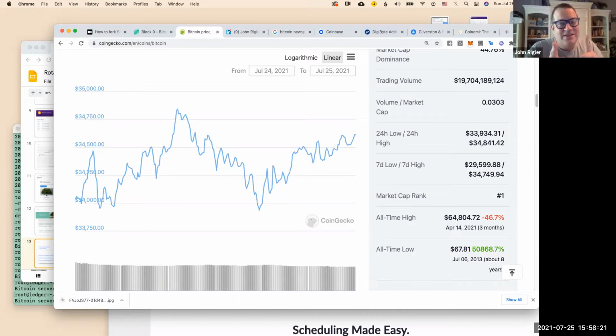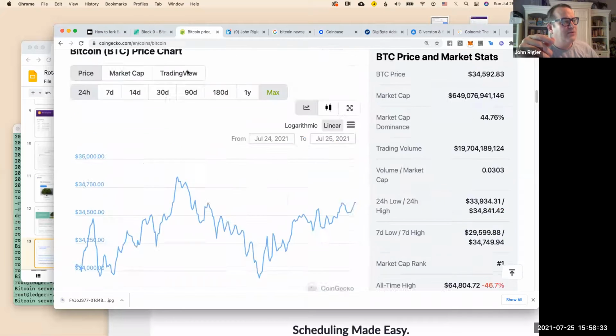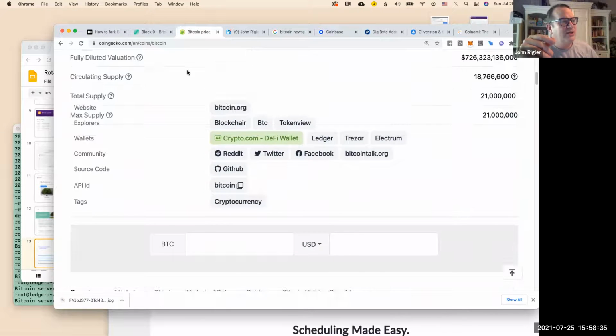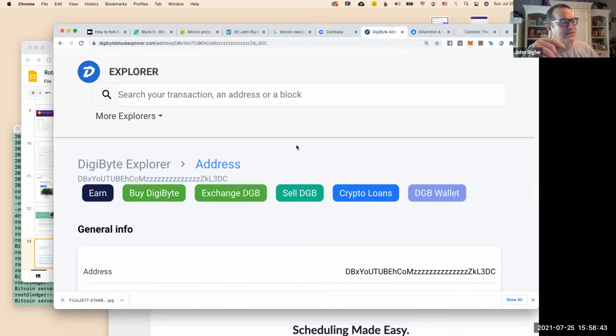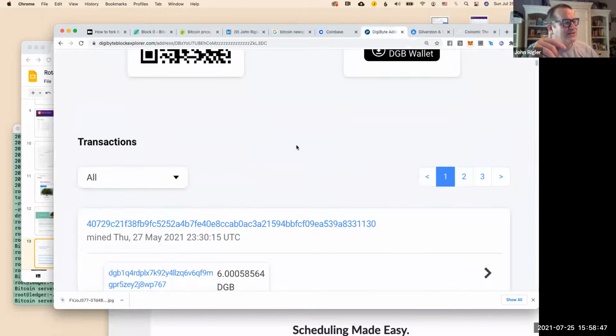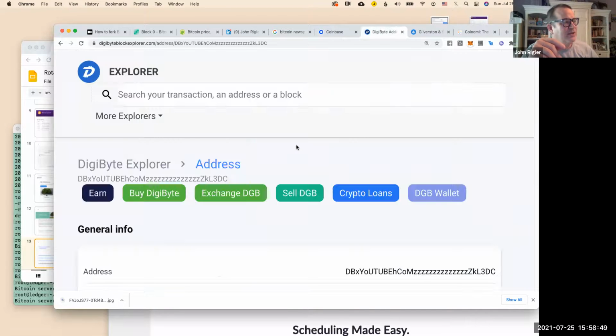Now, having said that, one thing you can tell is how many there will be, and that's pretty important, right? Because with the dollar, you can keep creating as many dollars as you want, right? But with these, that's not the case.